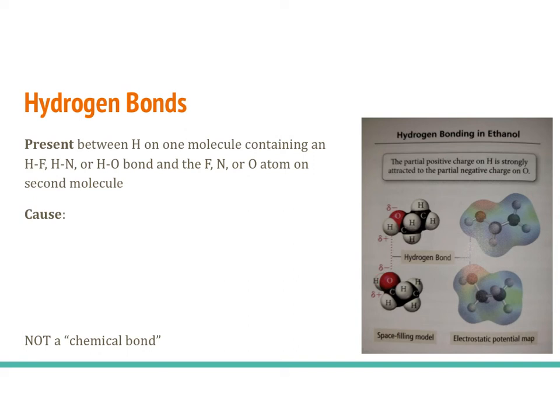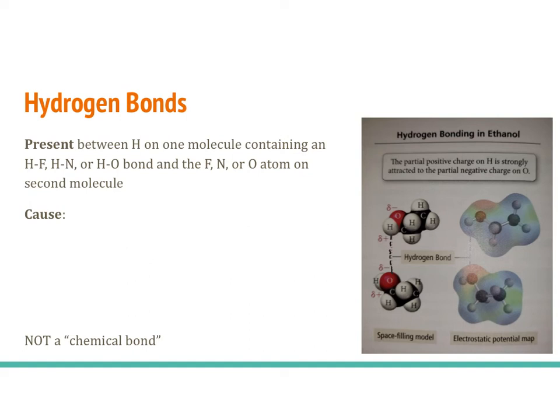So the hydrogen on the first molecule can form a fairly strong attraction to the oxygen on the second molecule. It's not a covalent bond, but it's still similar. It's an electrostatic attraction between the positive side, the H, in one molecule and the negative side, the O, in another molecule.